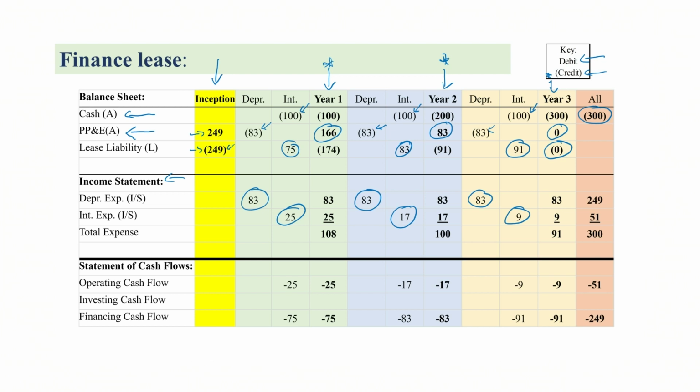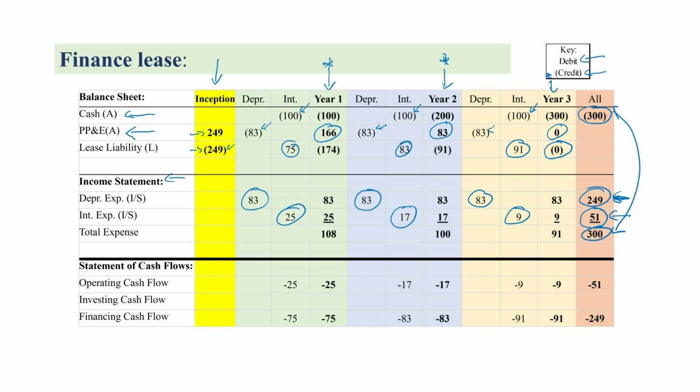If you talk about totals over the 3 years, the company depreciated the asset, which had a value of $249, and the interest cost is $51, okay? So the original present value of the asset was $249, and the interest cost that we allocated to leasing the asset is $51 over the life of the lease. Total expense is $300, which of course matches up with the amount of cash we paid.